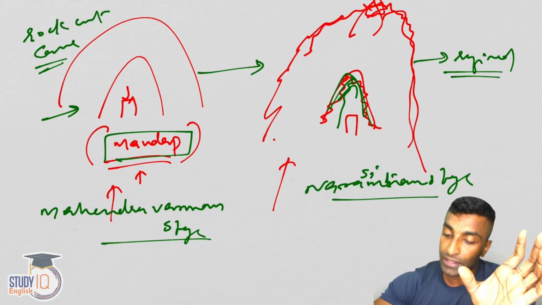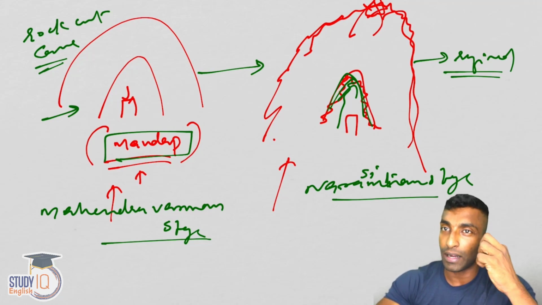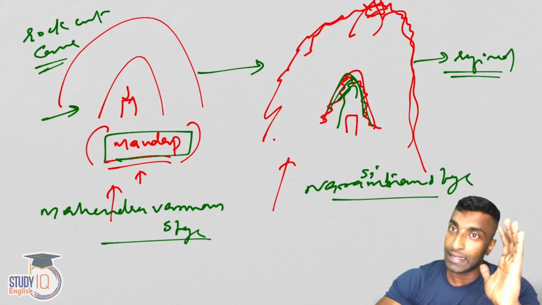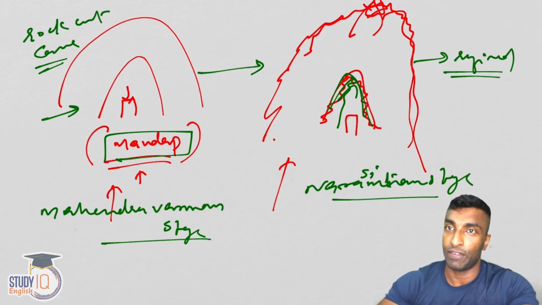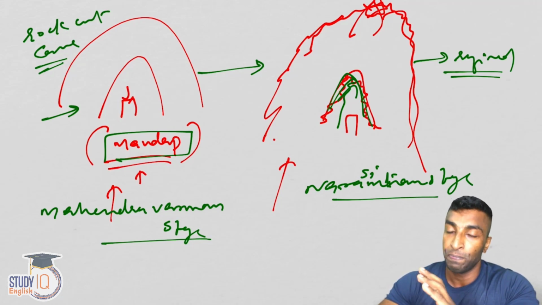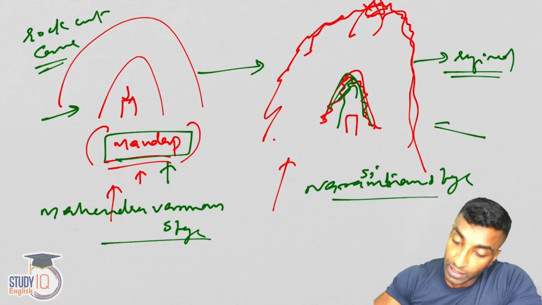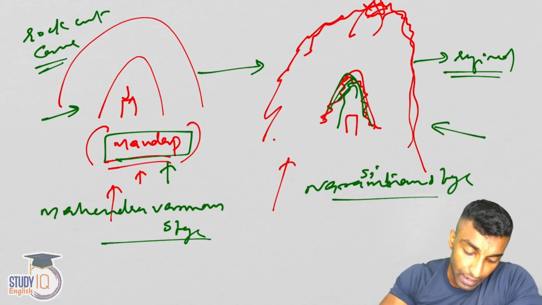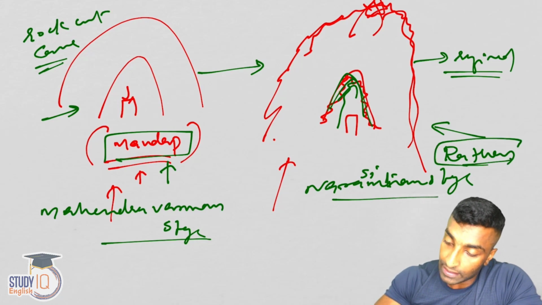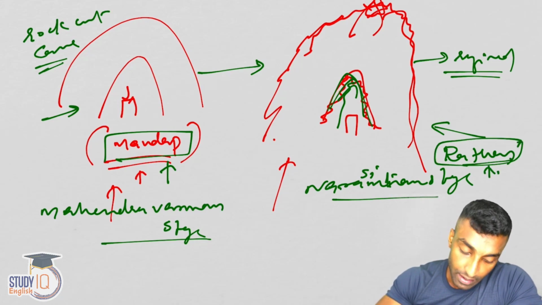So from the first to second, you can get the look and feel of a temple, though it's in the same area which was developed or decorated. It's not in a different plain area with a proper structure, but it looks like a temple now. So this is mandap. Now this looks like a perfect temple and they started calling this rathas. So mandap and then rathas.